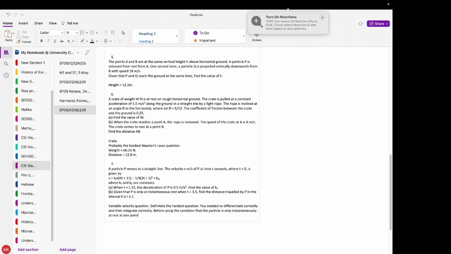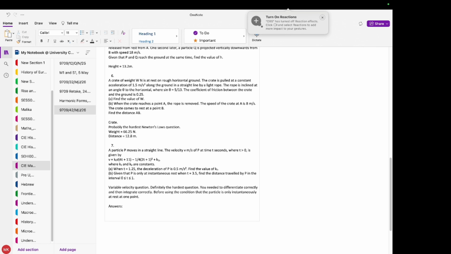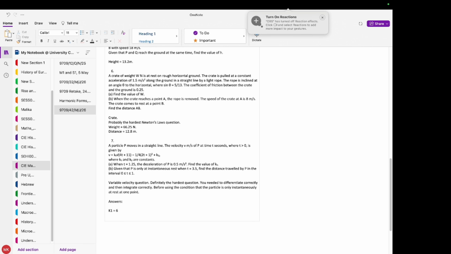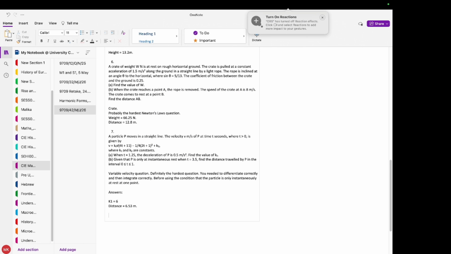So it's one of those very difficult questions where they test multiple topics in one question in an applied mathematics paper. So the answers should have been K equals 6. The distance should have been 6.53 meters, and the difficulty of this question, I would say it is definitely hard.